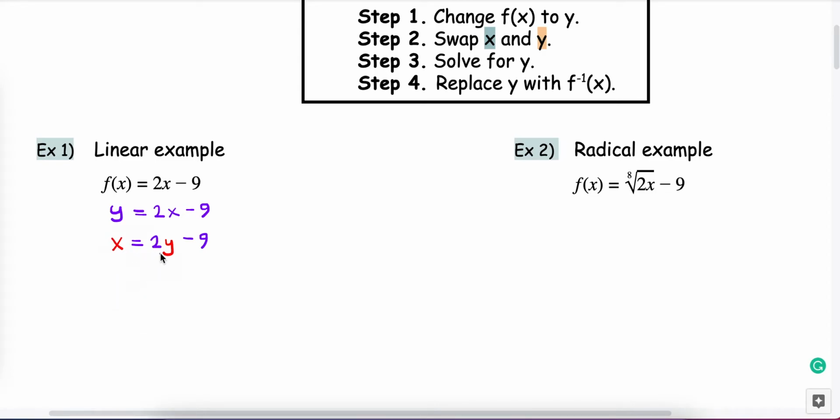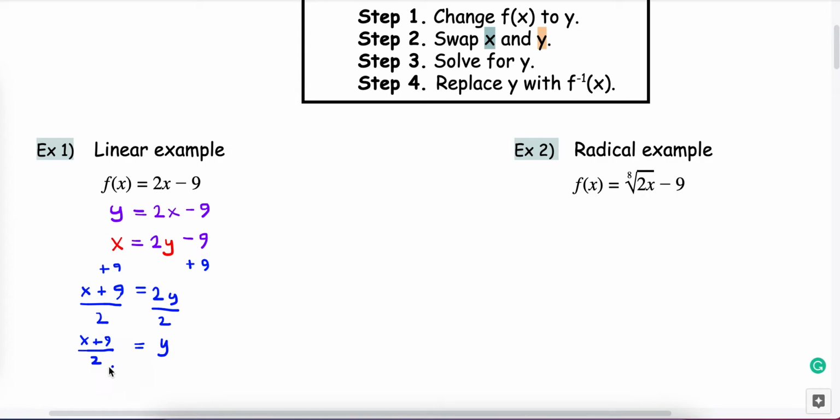So let's do this. Solve for y. We're very familiar already with solving for a variable. We're going to add 9 to both sides to get rid of this 9. And so we have x plus 9 equals 2y. And then we're going to divide both sides by 2. That's going to give us y equals x plus 9 over 2.